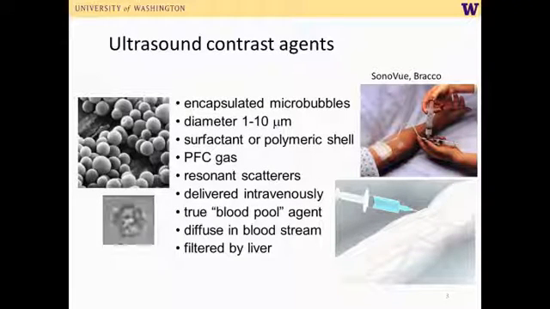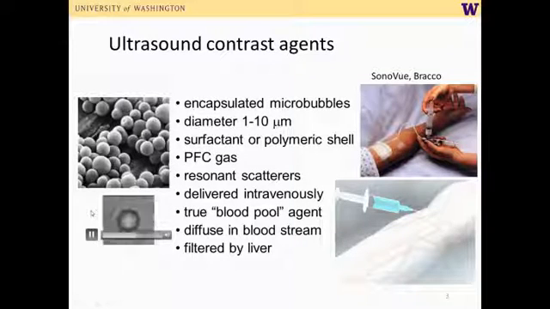In terms of introduction, ultrasound contrast agents, as probably everybody knows, are encapsulated microbubbles of diameters 1 to 10 microns. They have either a surfactant or a polymeric shell that encloses a PFC gas, a perfluorocarbon.